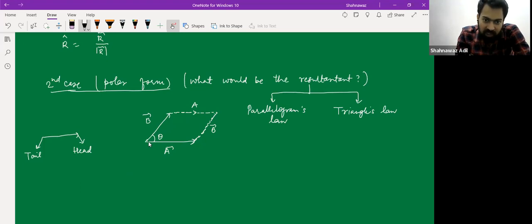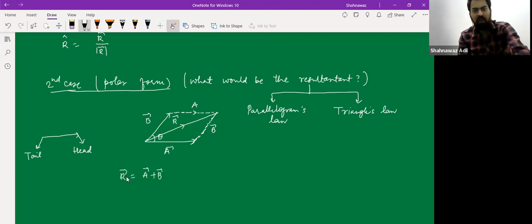When you make the diagonal from the tails of these vectors, that is called the resultant, which is a plus b.